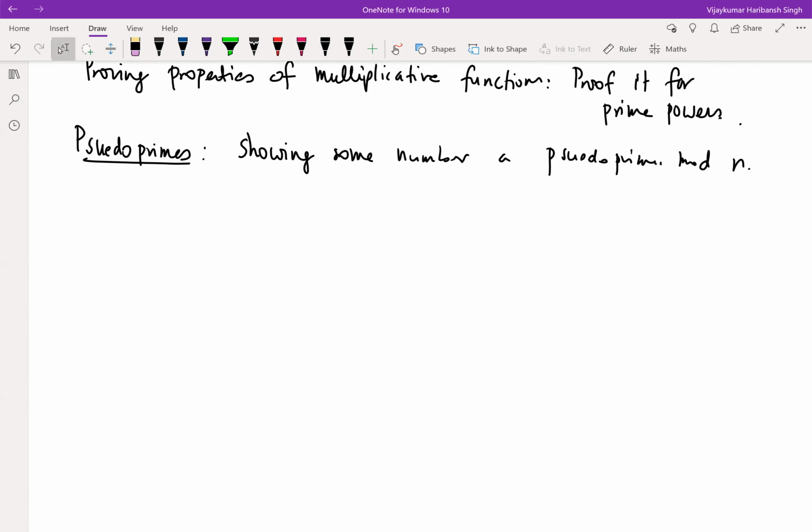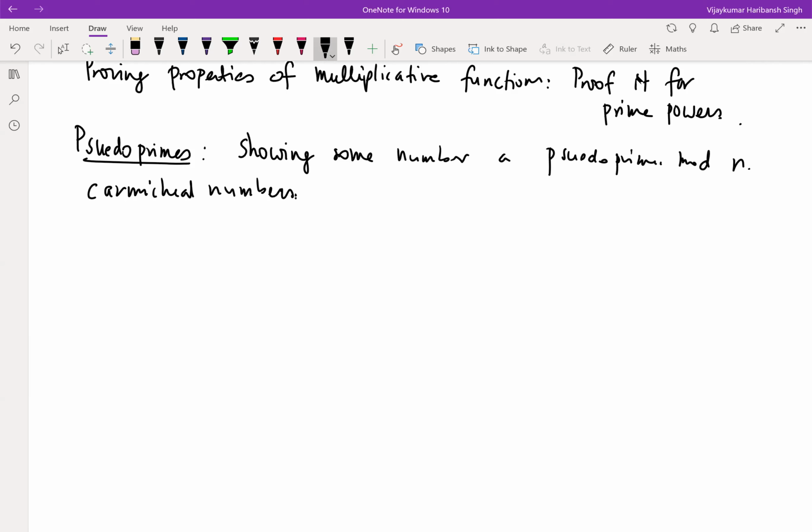Then coming back to pseudoprimes. So the things we discussed in pseudoprimes are definitions, and then we had Carmichael numbers. Right, showing something is a Carmichael number.